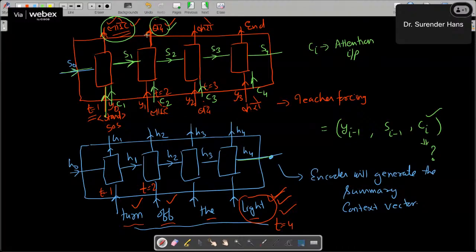To print the output of the decoder, Ci may be a function of only H1, or of H1 and H2, or of H2 and H4. It depends.